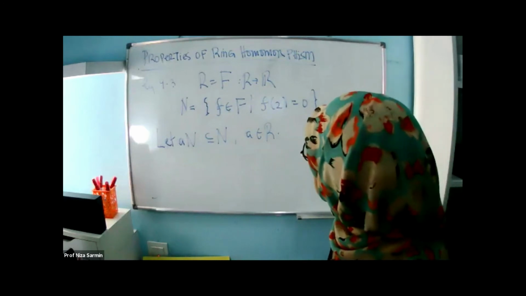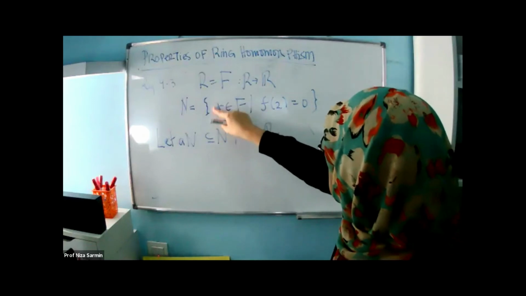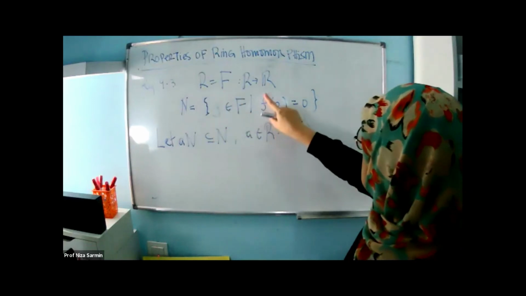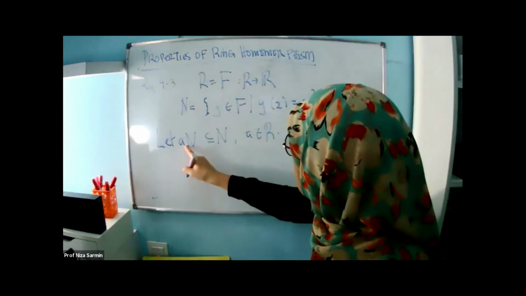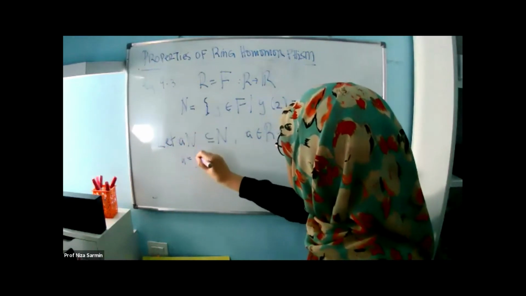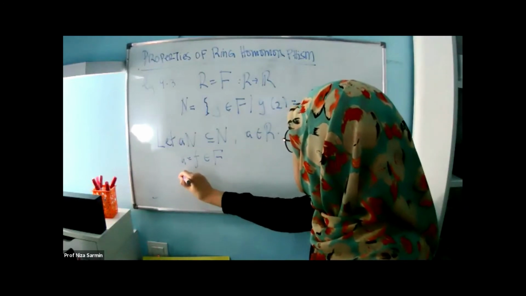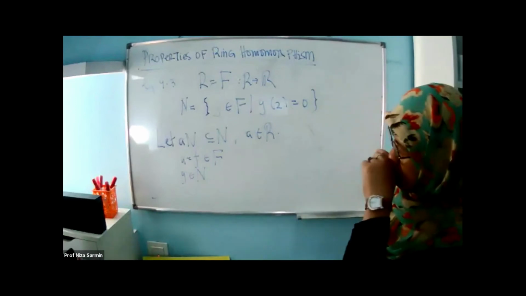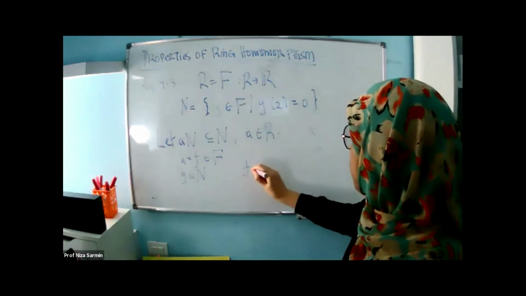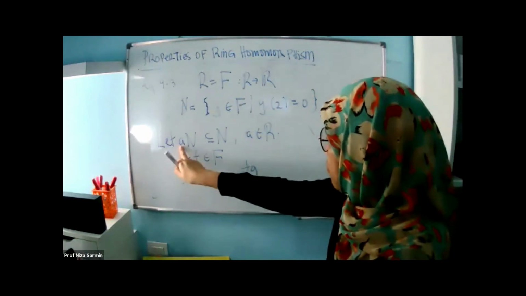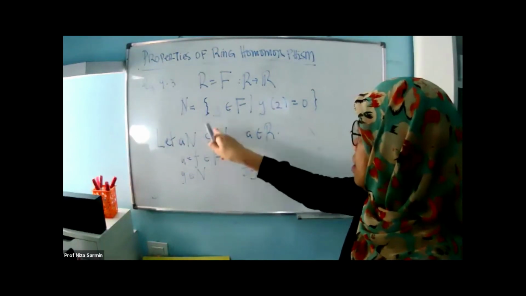So I want to use something else, not F. I want to use G. This is F. Okay. So you want to take f in F, a is f in F, and you take g in N, right? Because this a is in F. So you want to take f from here, g from here, and show whether it's in here or not.